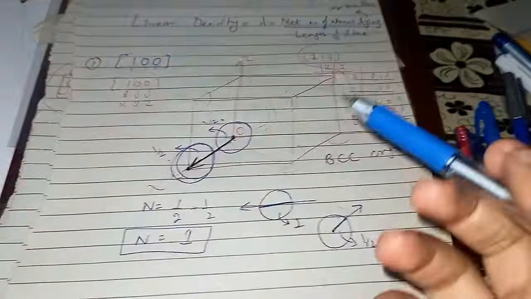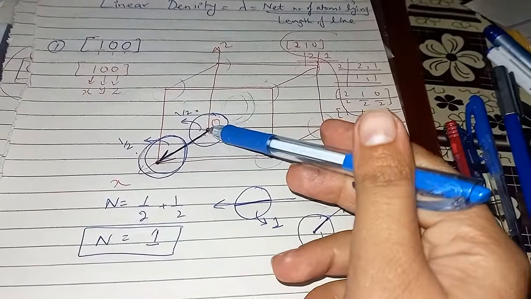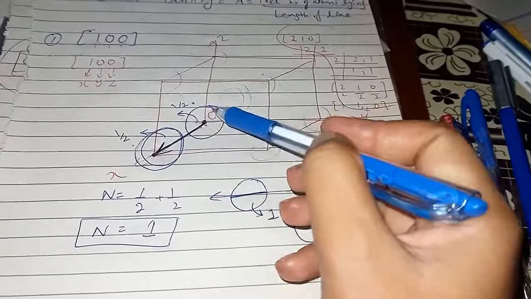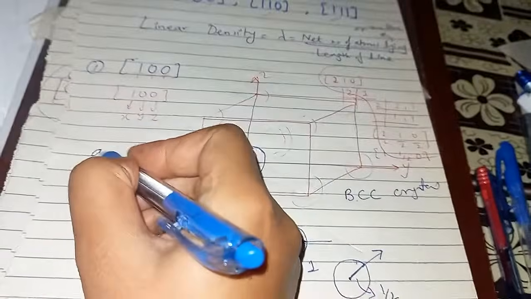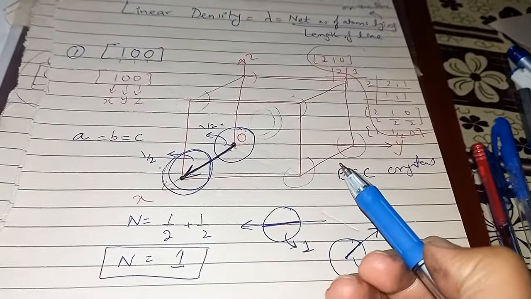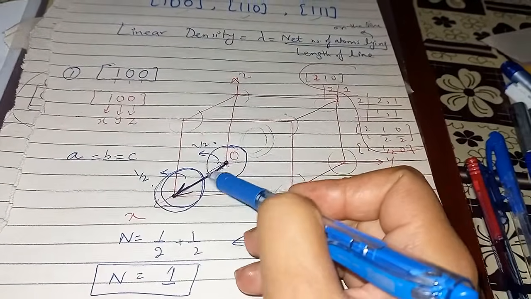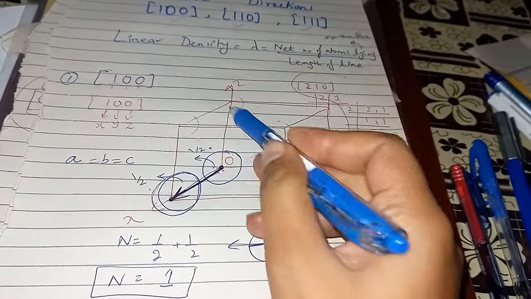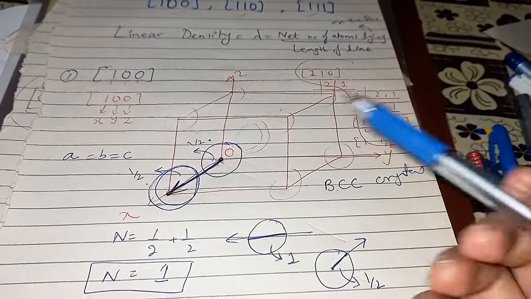And the length of the line, we know that it is a cube, and a cube has similar dimension in every axis direction, from one corner to another corner. So let's say the lattice parameter is a, and it is equal in all directions for a cubic unit cell. BCC is also a cubic unit cell. So this is a in this direction, a in this direction, a in this direction. Parallel to the axis directions it will be a.